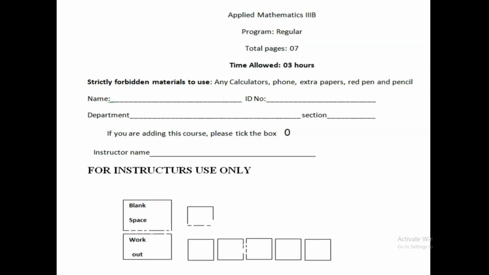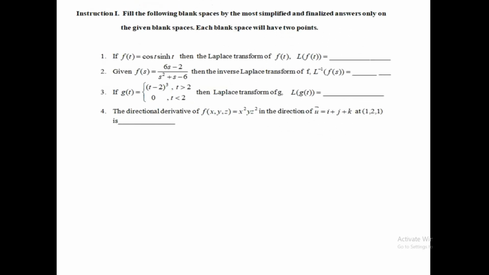Let me go directly to the final exam. As can be shown here, the final exam is given for 3 hours, and it actually has 7 pages, but I have tried to condense it. The exam is going to have two parts.